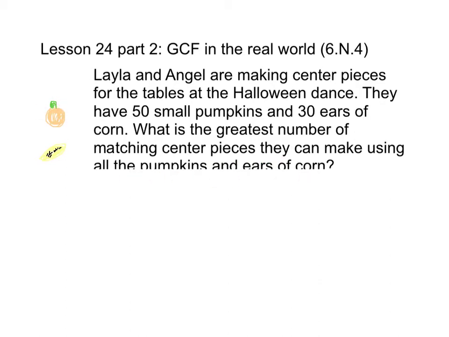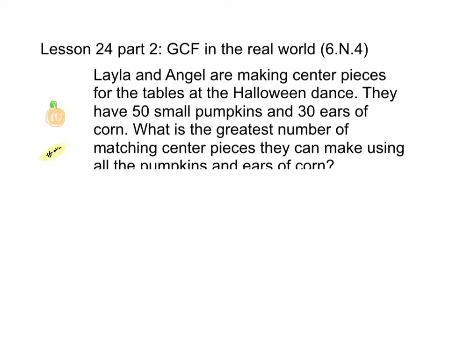They've got 50 of those and they've got 30 of these. And they want to know how many centerpieces they can make that are exactly the same. They have exactly the same amount of pumpkin compared with ears of corn in each centerpiece. So this is the type of question where you would use your knowledge of GCF.